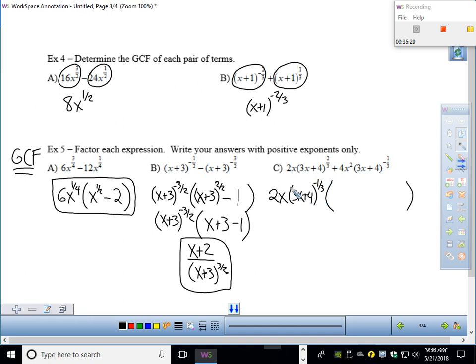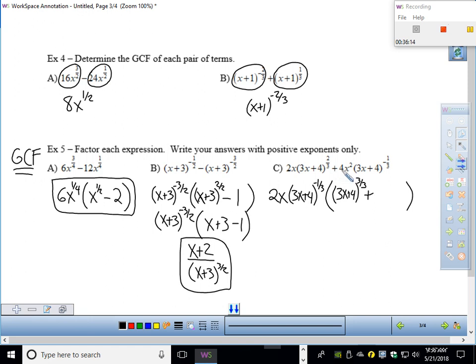Well, I only took some of it out because I only took out to the negative 1/3. So as soon as I say that, then I know I have some 3x plus 4s remaining. So I'm going to write that in there. What is it raised to? I do 2/3 minus negative 1/3. 2/3 minus negative 1/3 is 3/3. Cool. Working left to right, there's my plus.